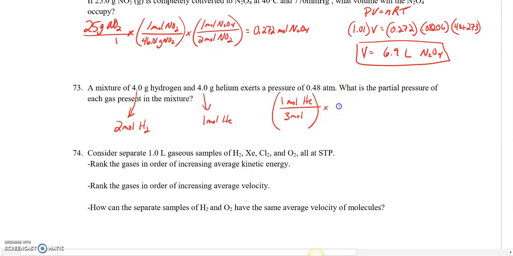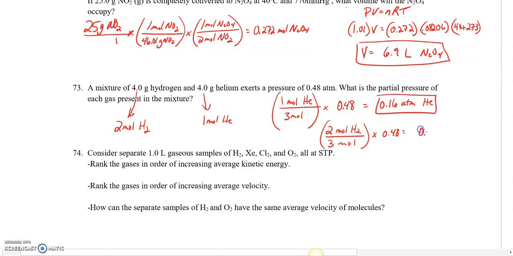So we multiply that fraction by the total pressure, and we get the partial pressure of helium. That partial pressure is 0.16 atm for helium. And if you do the ratio for hydrogen times your total pressure, you get 0.32 atm.